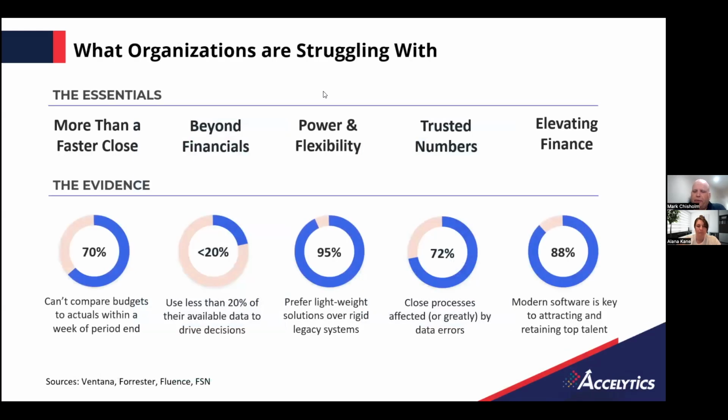Some other stats that I thought were interesting: 70% of companies can't compare budgets to actuals within a week of period end. If you think about the use of legacy solutions that require complex scripting and probably a lot of Excel to bridge those silos, that extends the timeline, and you won't necessarily have the timely information that's needed to make decisions. And within a week of period end, 1 week is 25% of your month.